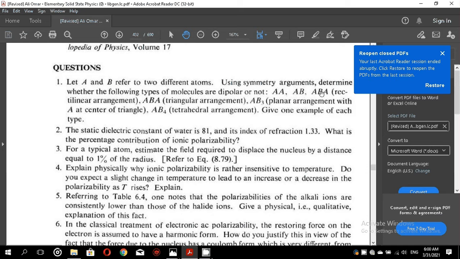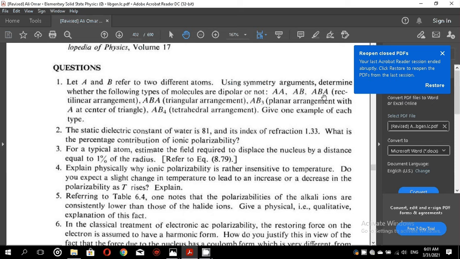Okay, the next is the example ABA. Over here, although there are three atoms and one of them is B, if you have a rectilinear arrangement, it means even if A has a slight positive or negative charge, B has a slight positive or negative charge, and A has a slight positive or negative charge, but as a whole, ABA will be spherically symmetrical with reference to charge distribution, and there will be no displacement between the positive center and the negative center of this molecule.